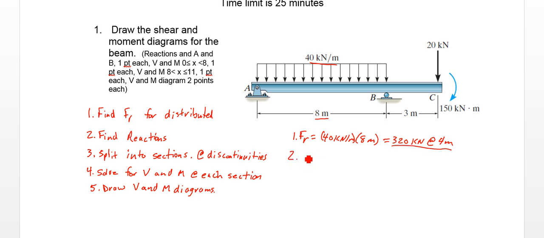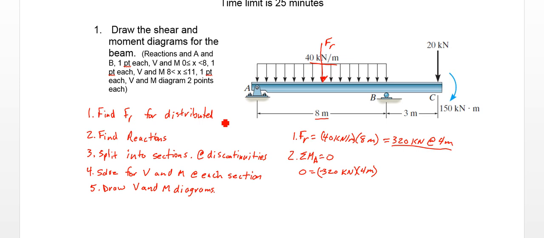Step 2, we're going to find our reactions. So I'll start by finding the moments around A, setting those equal to 0. So 0 equals, we have our first load here is our resultant force from our distributed load, FR, so it's going to be negative 320 kilonewtons times 4 meters, and that negative sign is right.